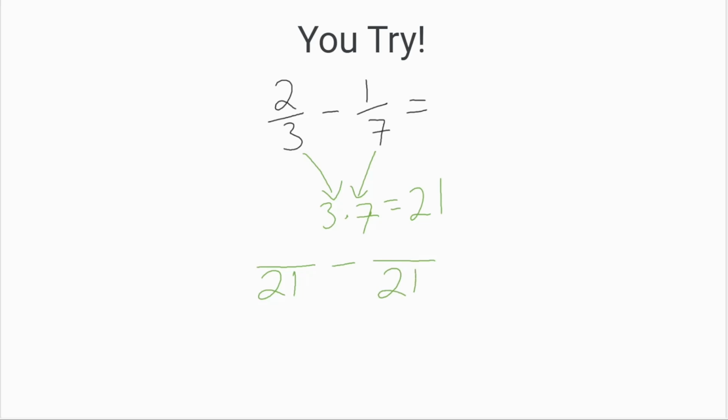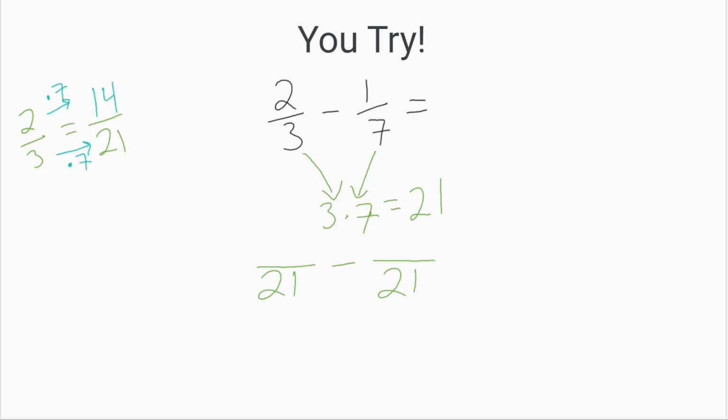And I need to take each fraction, 2/3, set it equal to something over 21, and we need to find our new numerator. We do that by multiplying what we find on the bottom, so multiply by 7 to get from 3 to 21. Do the same up top.